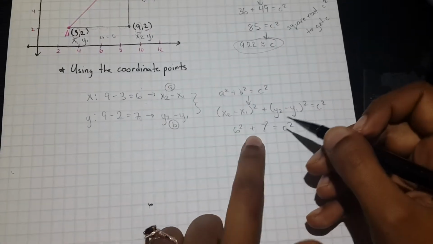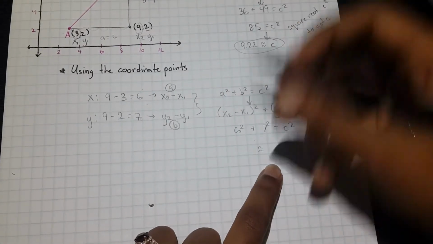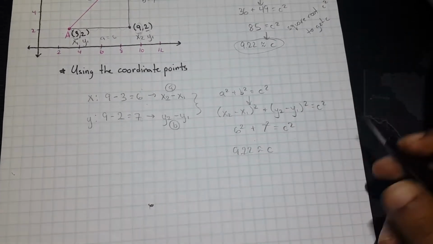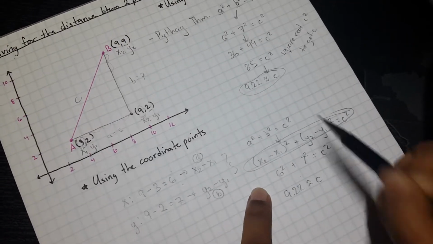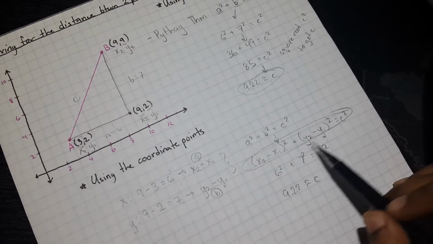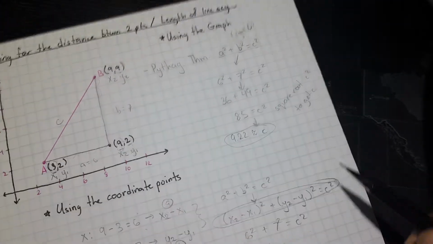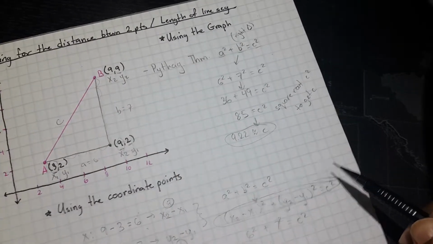So 6 squared plus 7 squared equals c squared, I'm going to skip all those intermediate steps, is again going to be 9.22. So this is a very general way of expressing what we call the distance formula, in order to help us solve for the distance between two points.